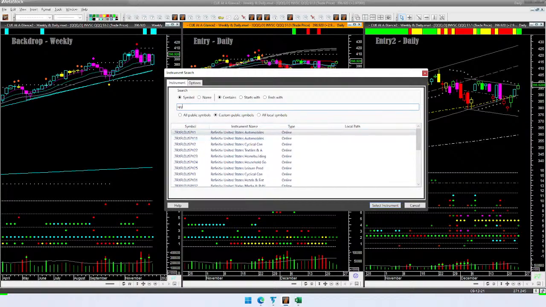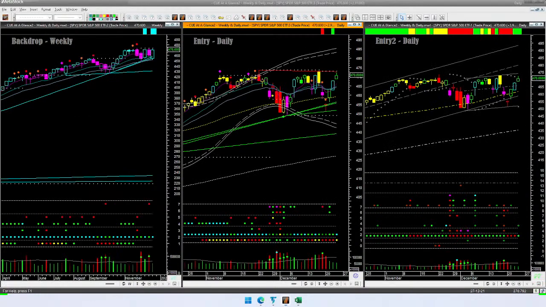SPY, exact same conclusion in the daily, inside a range at the upper edge of the range.